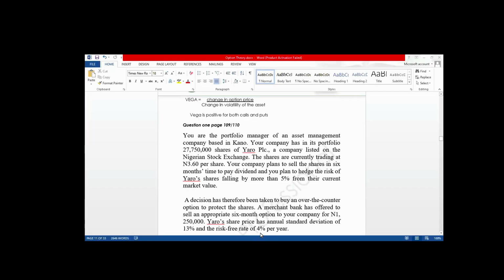You are taking a decision to buy over-the-counter options to protect yourself. That over-the-counter option is the put option. You are trying to obtain a right today to sell your shares at a price fixed today, but you are going to be selling in 6 months' time.